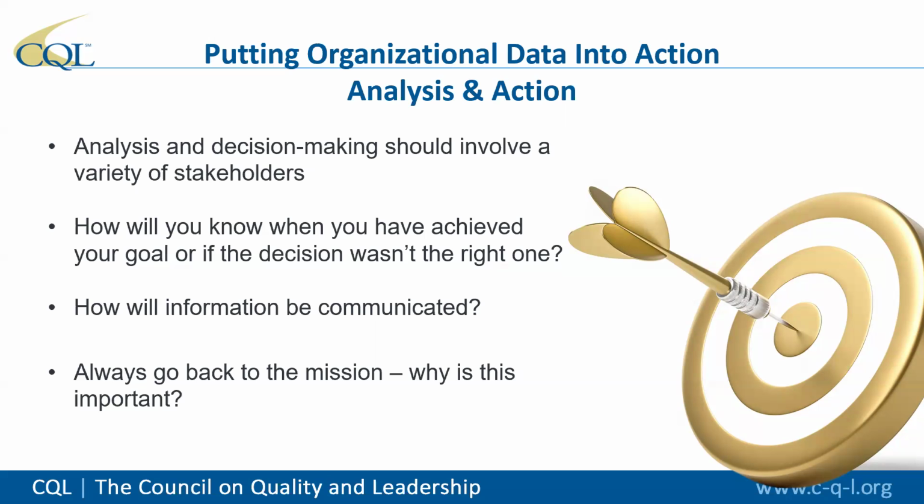How are you going to communicate the information to everyone so everyone is in the know about what this information is telling you and what you're learning from it? And then most importantly, you always want to go back to your mission. Why is this important? If it doesn't align with your mission and you can't answer the question of why this is important, you may need to reassess why you're looking at that piece of data or information.